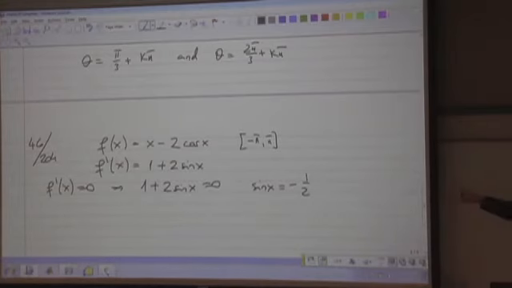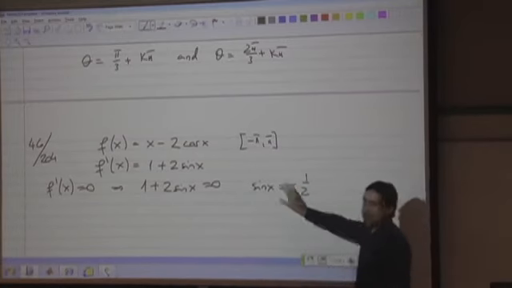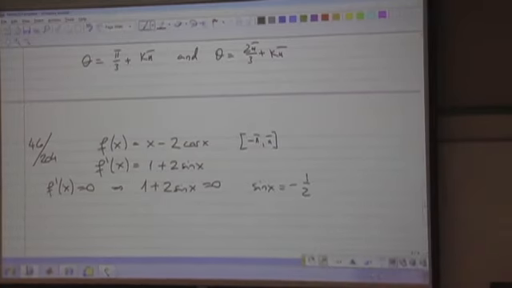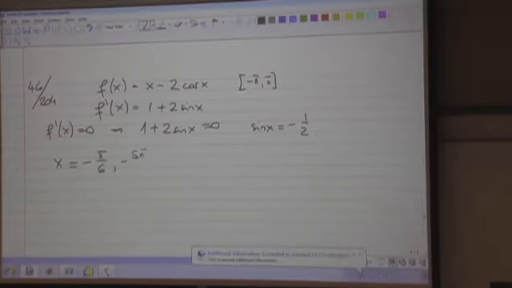We have to be within that particular interval, and on that particular interval, sine is going to be negative between minus pi and 0, right? That's the only interval it's going to be negative. So what are x's? Negative pi over 6. Negative 5 pi over 6.